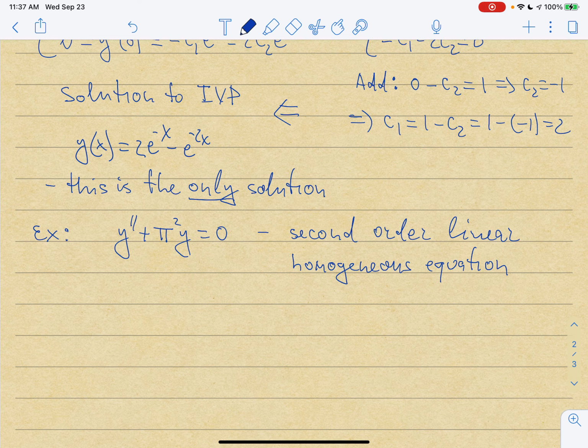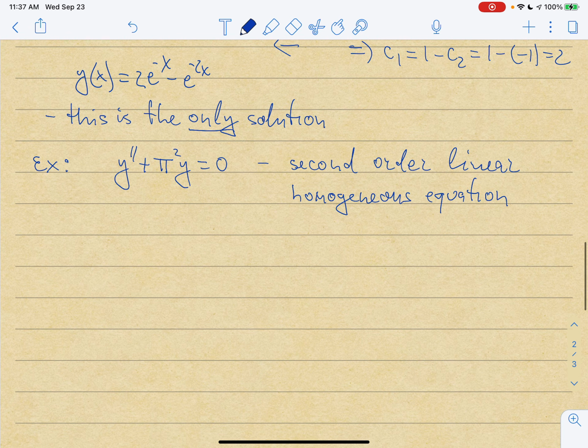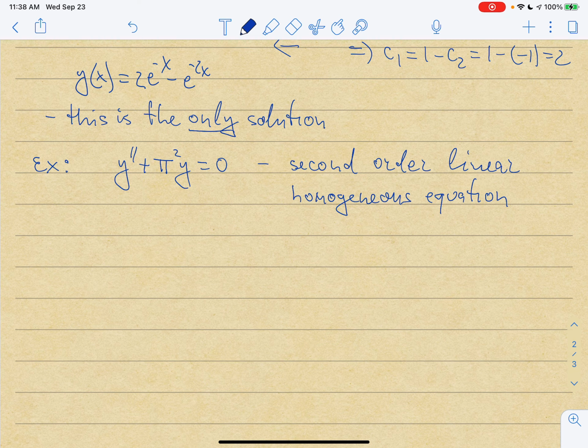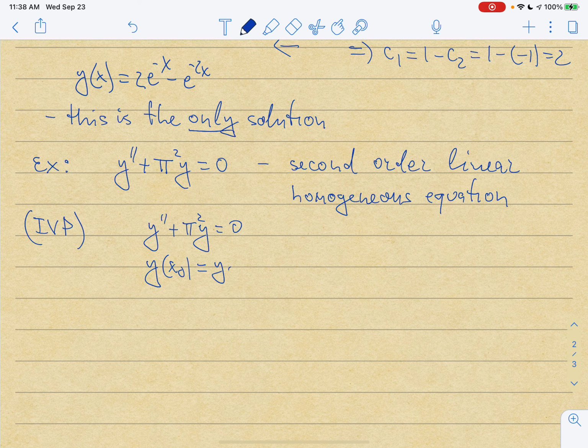So those are continuous functions on all of R, and so that means that if I prescribe any initial conditions, so let's say I try to solve the IVP, initial value problem, consisting of this equation, y double prime plus pi square y equal to 0, y of x0 is y0, y of x1 equal to y1.